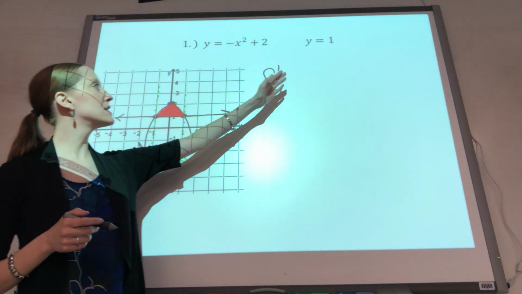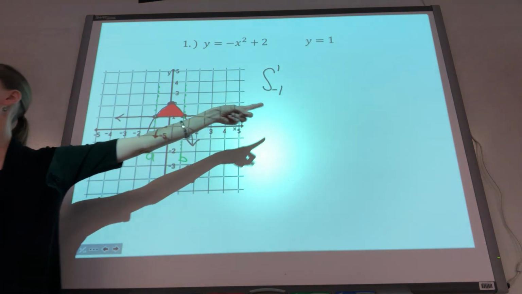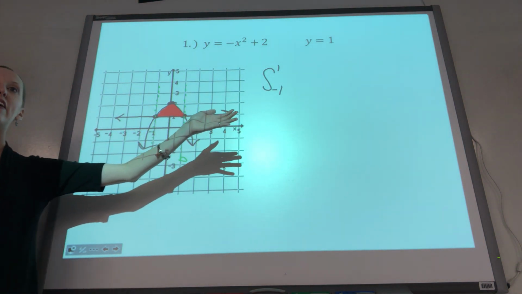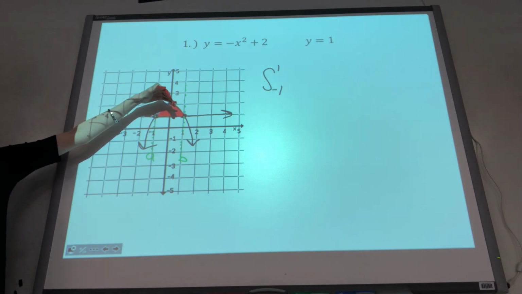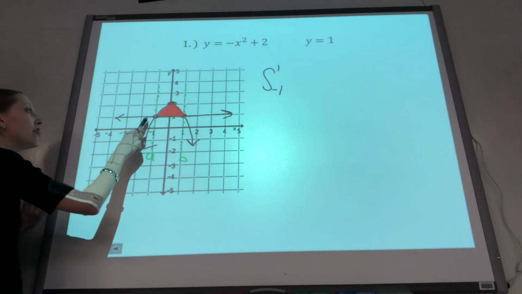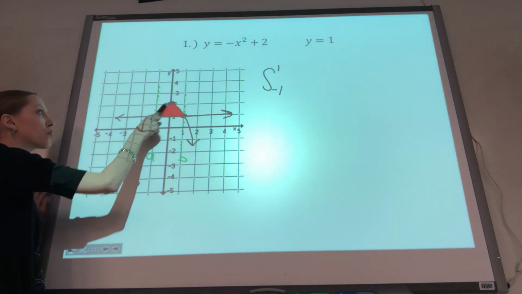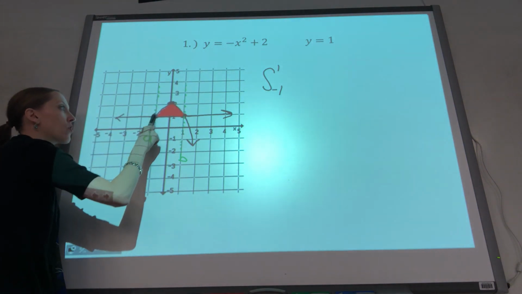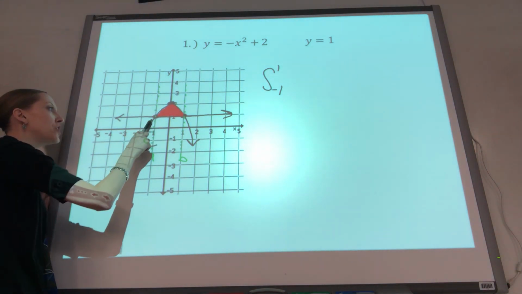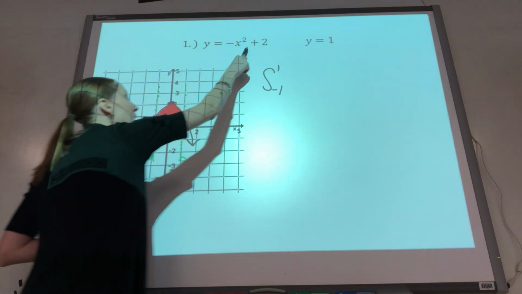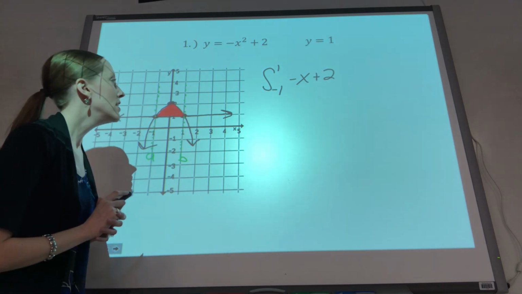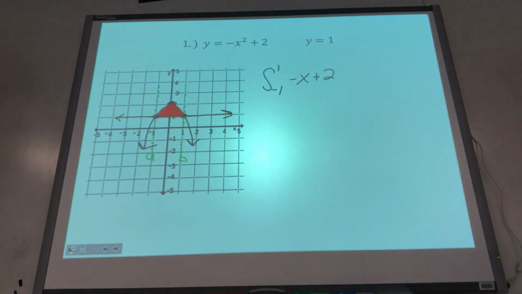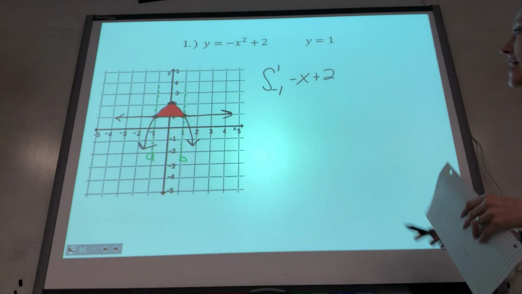Now, I'm supposed to put f of x first, which is the function that forms the top part of your shaded region. Well, the top part of our shaded region was that parabola shifted up 2 and flipped upside down. So that needs to go in for f of x. That is our function on top.